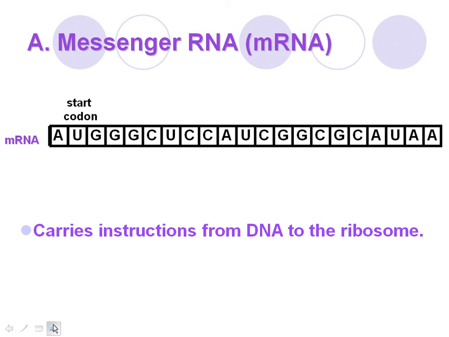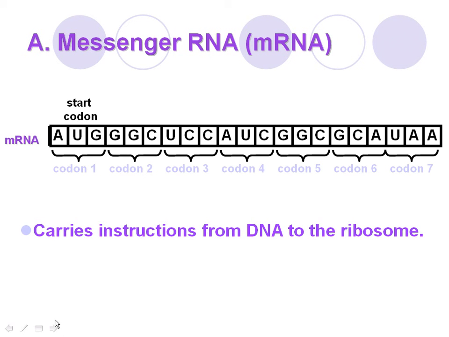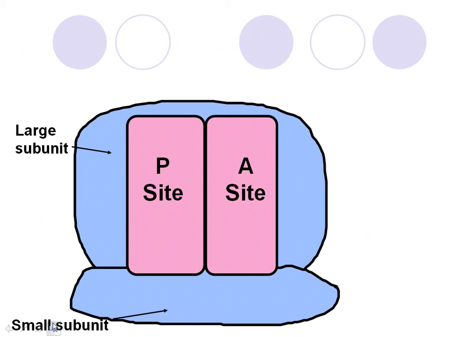And then eventually we're going to have a stop codon, which is going to determine the termination of that linear sequence of amino acids, which are going to eventually make that protein. So again, the messenger RNA is carrying instructions from DNA to the ribosome in order for us to produce essentially every single protein that you'll find in the body.